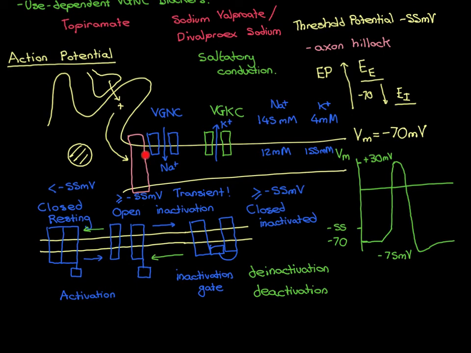If you're not getting enough sodium in, then you're not going to produce enough depolarization of the electrical potential difference across the cell membrane of your neighbouring portion of cell membrane, and then the action potential won't conduct on. And this is the way that use-dependent voltage-gated sodium channel blockers are going to succeed in blocking action potentials from firing. So, let me now tell you what these drugs are going to do.